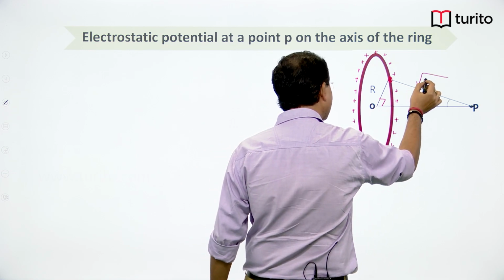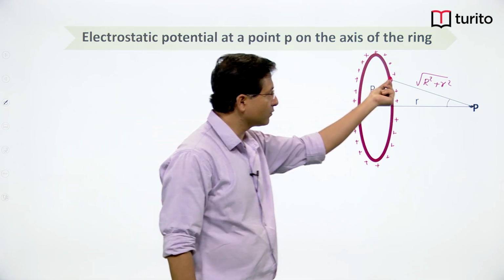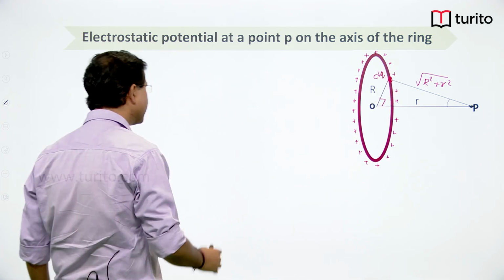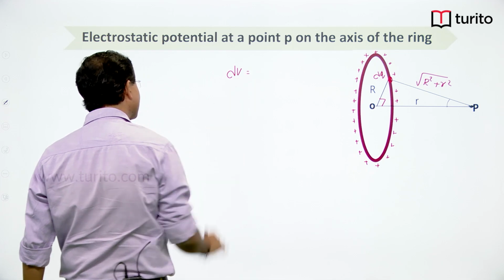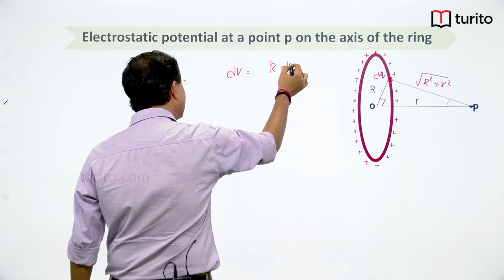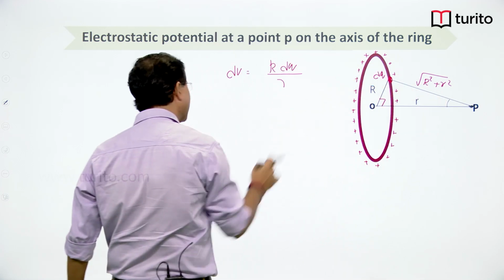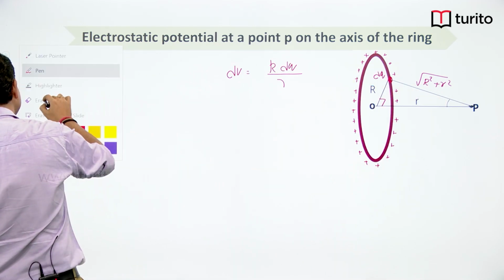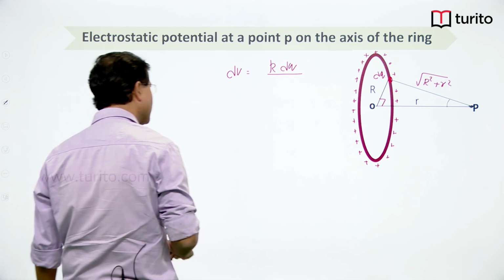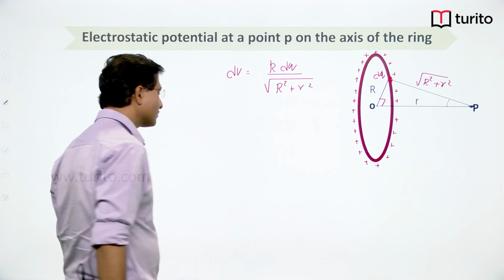So this will be capital R square plus small r square. So first I will find the contribution of this element over here, let the charge be dq. So potential contribution dV is equal to k dq divided by r, the separation, right. R is the separation. So I am directly substituting the value. So separation is under root capital R square plus small r square.